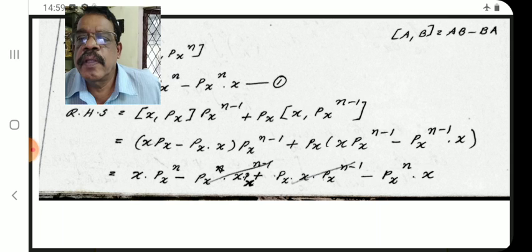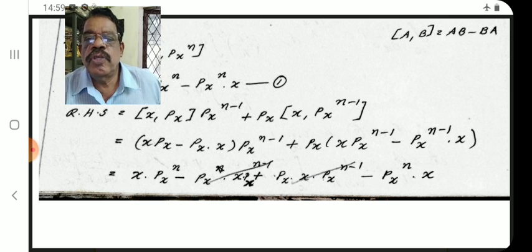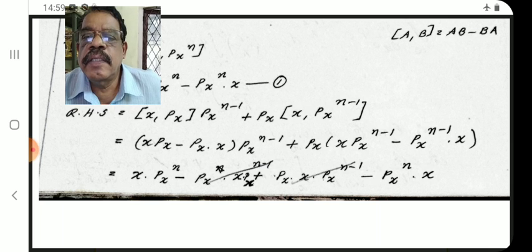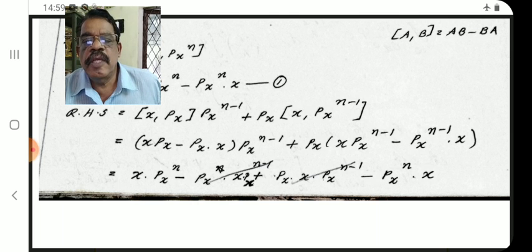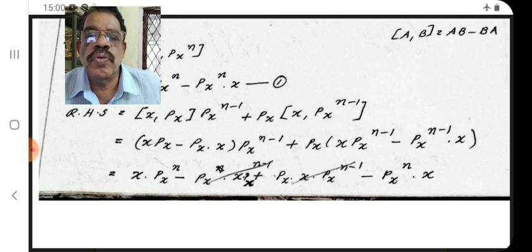Remove the bracket. That is x px into px^(n-1) is x px^n, minus px x into px^(n-1), plus px x px^(n-1) minus, we multiply px into px^(n-1), px^n into x. The middle two terms being plus and minus cancel. We get x px^n minus px^n x.